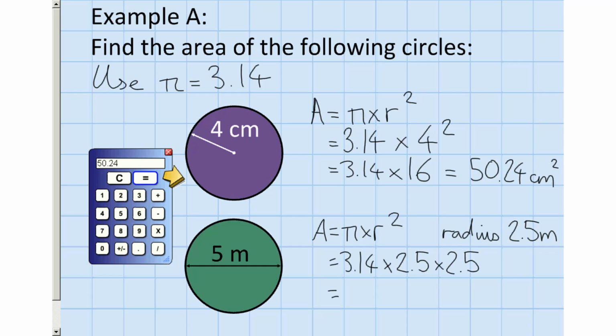So putting that into our calculator now, 3.14 multiplied by 2.5 and multiplied by 2.5 again, we get 19.625. For this one, the diameter was given in metres, so the area is in metres squared.